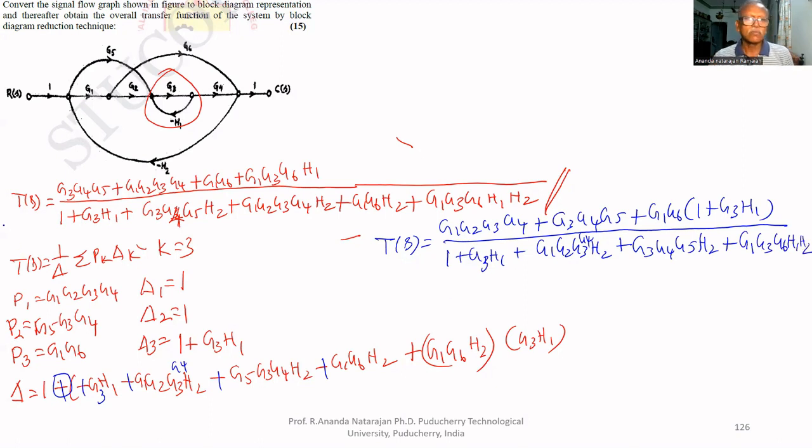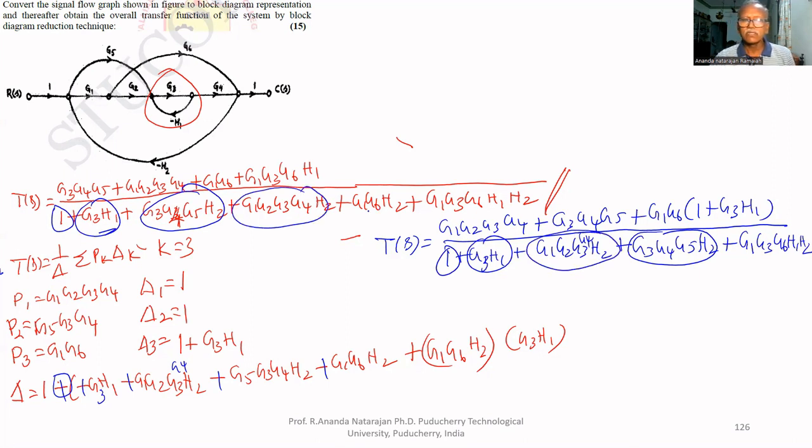Let us check. One is there. Here also one is there. G3, H1 is there. Here also G3, H1 is there. G3, G4, G5, H2 is there. Next term is G1, G2, G3, G4, H2, that is also there.